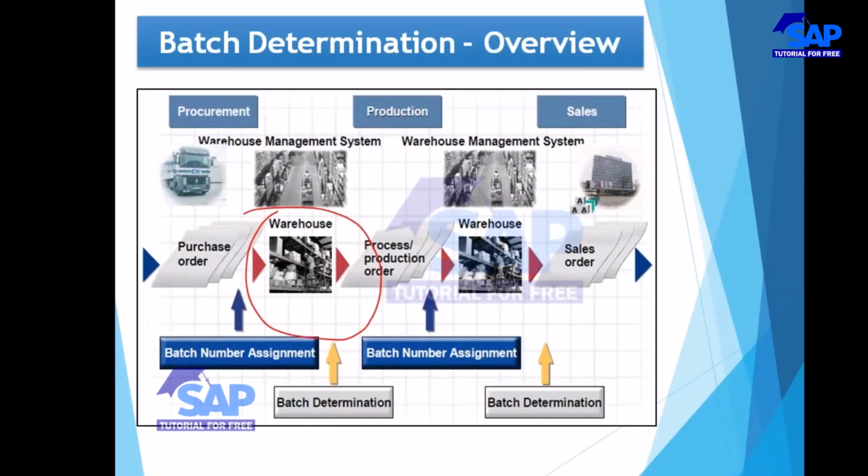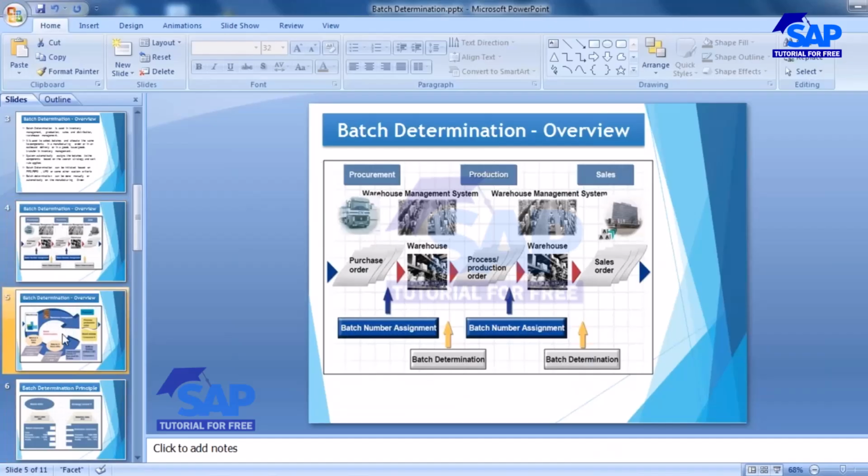When you are issuing materials to the production order, or issuing materials against a sales order to the customer, you can use batch determination. Basically you assign the batch number based on criteria like those we just discussed, LIFO, FIFO, and use those kinds of rules.